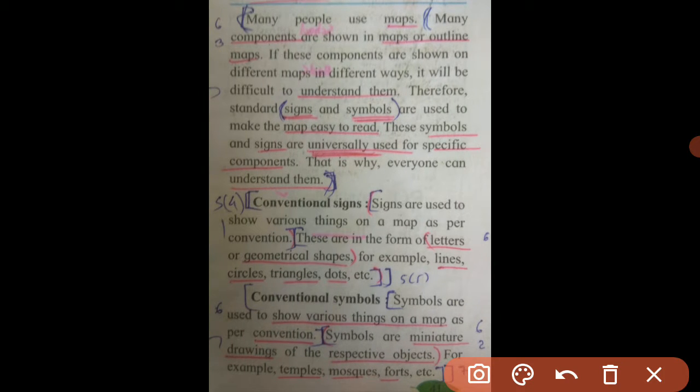Many people use maps. Many components are shown in maps as outlines. If these components are shown on different maps in different ways, it will be difficult to understand them. Therefore, standard signs and symbols are used to make maps easy to read.